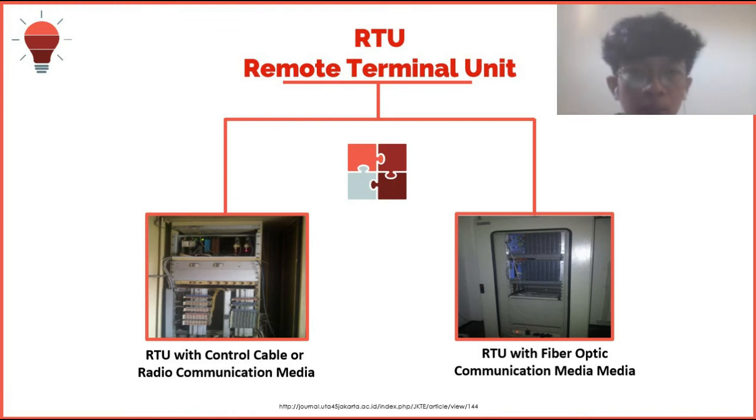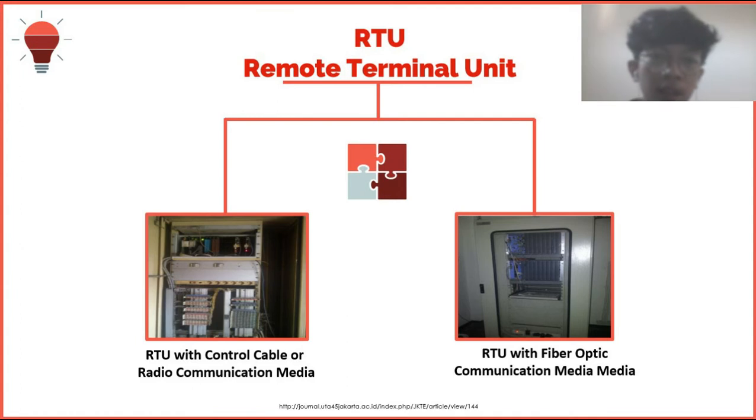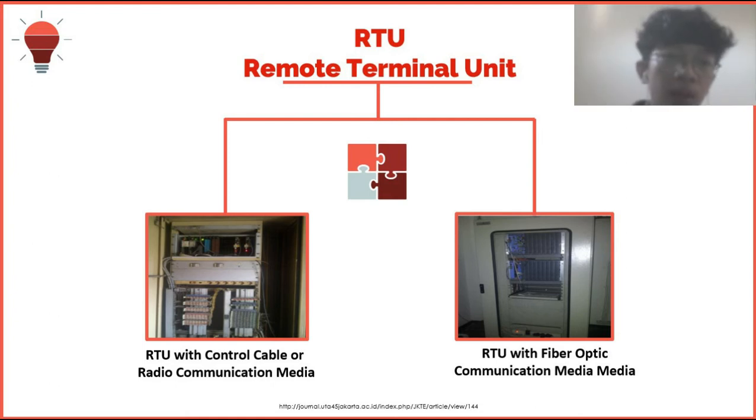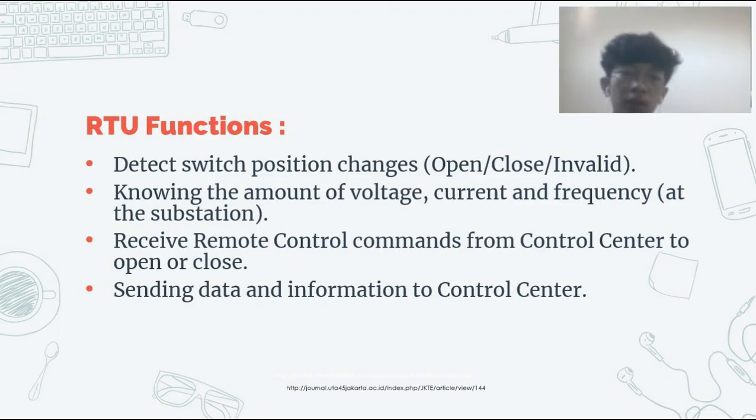The RTU is one component of an electric power control system which is an electronic device that can be classified as a smart device. Examples are an RTU with control cable or radio communication media, an RTU with fiber optic communication media, and power line carrier or PLC.